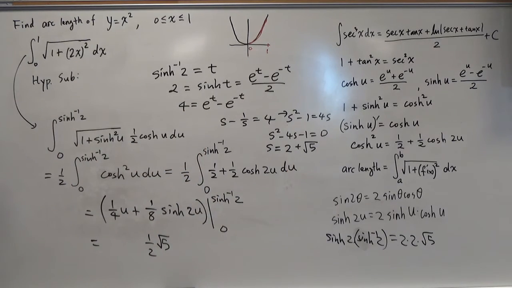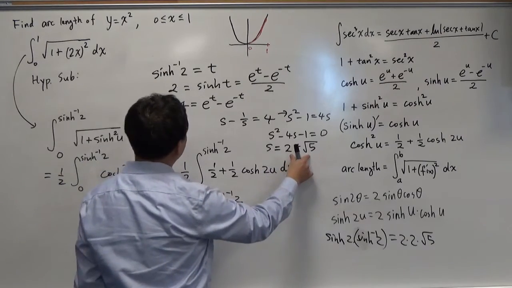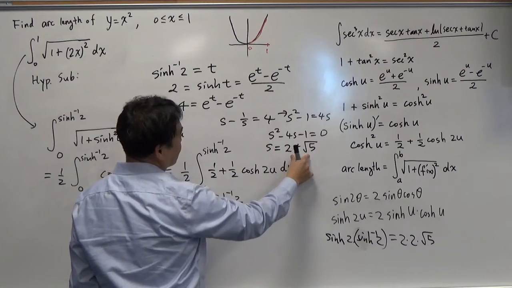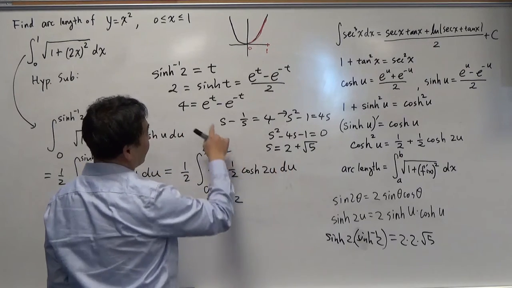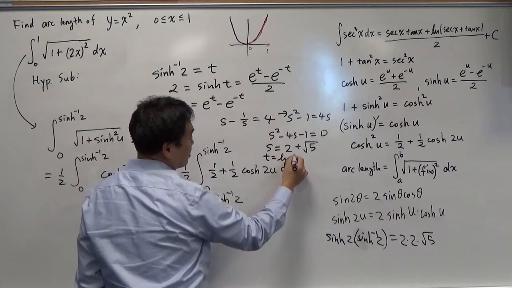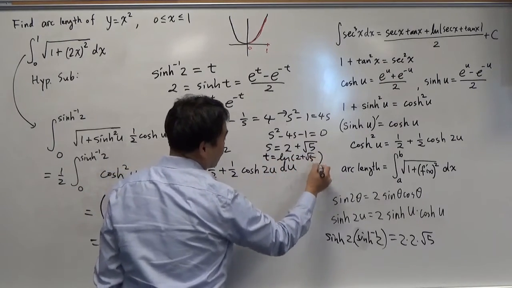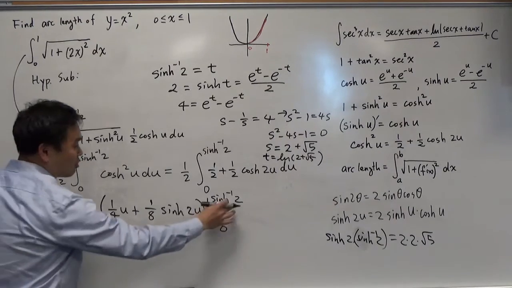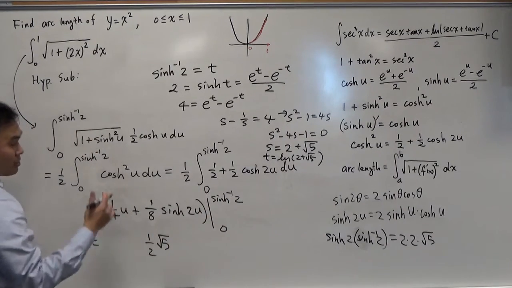So that's what we have, and we're not done yet because we want to find the value of t, right? So since s is e to the t, we know that t must be ln of 2 plus radical 5. All right, so that is the value of sine hyperbolic inverse of 2 as a number.